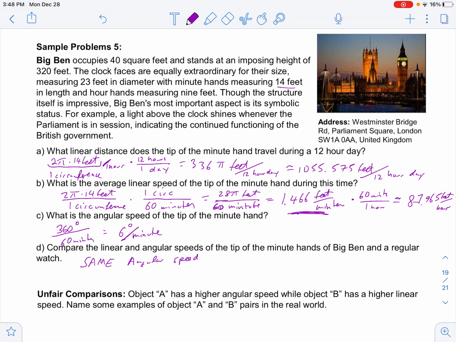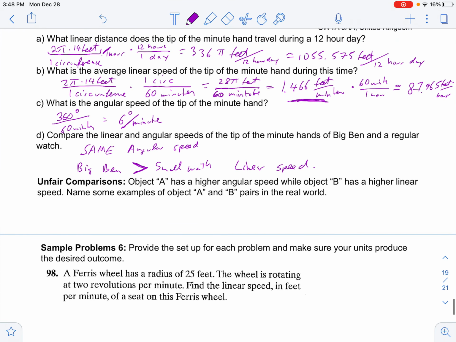It must be the same angular speed. But Big Ben would have a significantly bigger linear speed than the small watch. So that is pretty much it.